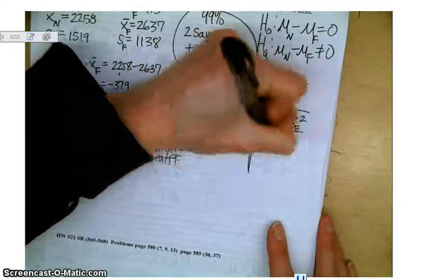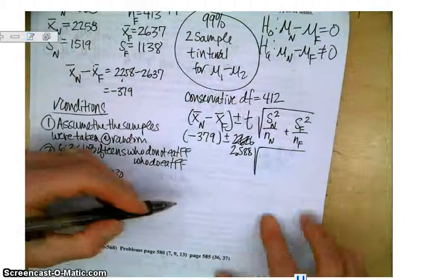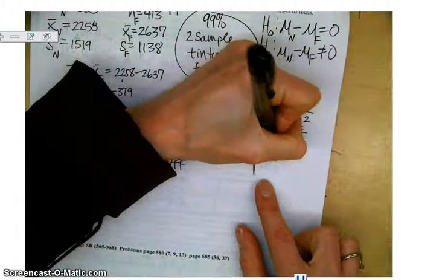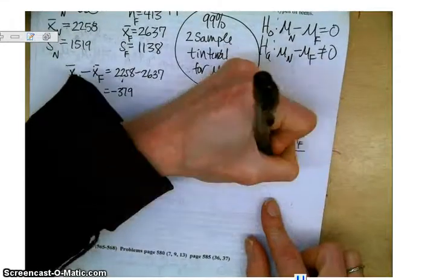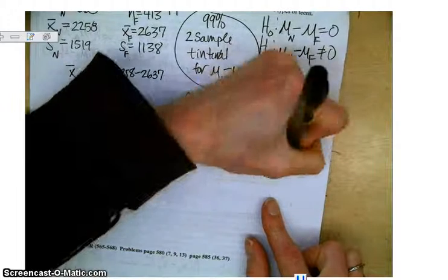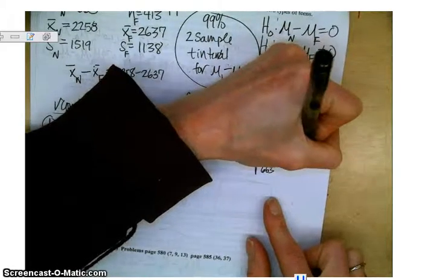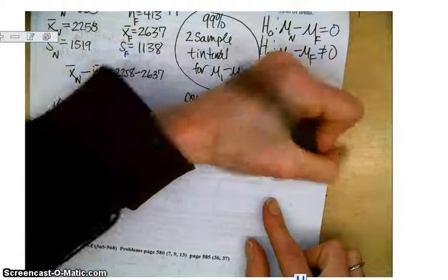And then I can just plug in the numbers. So that would be 1519 squared over 663 plus 1138 squared over 413.